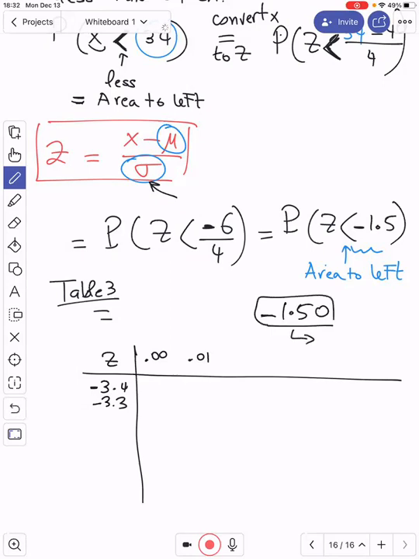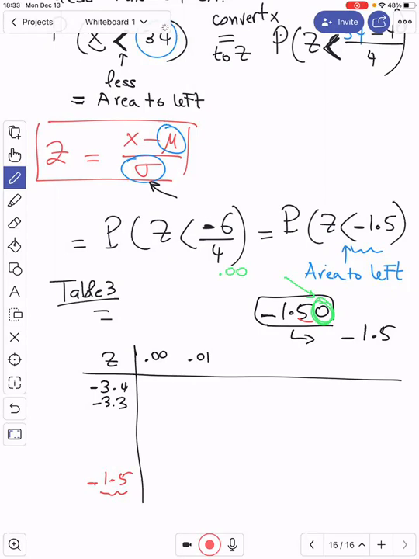The nearest tenth is negative 1.5. Take the first digit here, that will be the nearest tenth. So we need negative 1.5 right here. And then the nearest hundredth will be the second digit. You see here 0, that's my nearest hundredth. So you need just 0.00.